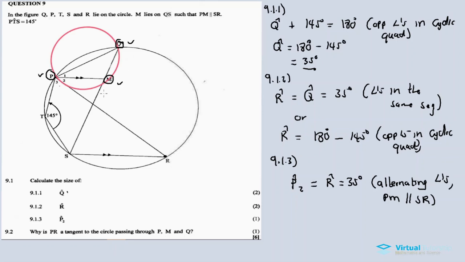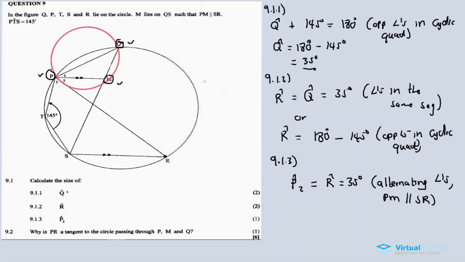This red circle. P, M, and Q are forming a circle. They simply mean that P, M, and Q touch a circumference of a circle. Therefore, the question is, why is PR a tangent to the circle, right?